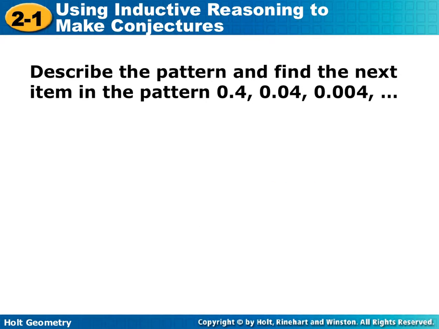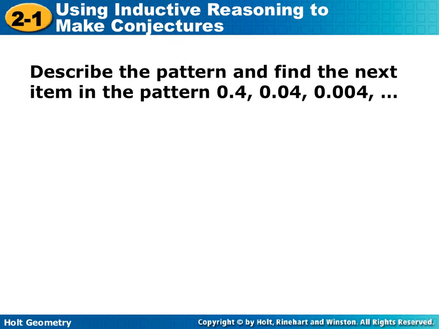There's a number pattern again. What's next in the pattern? And how would you describe it? Decimal point, 3 zeros and a 4.